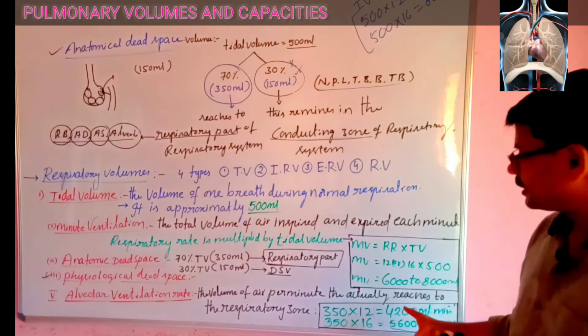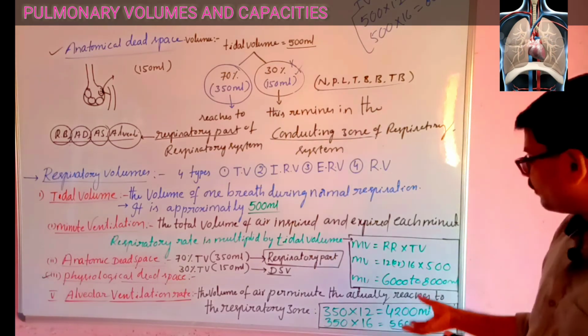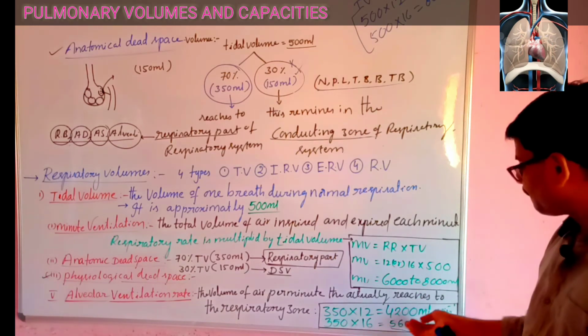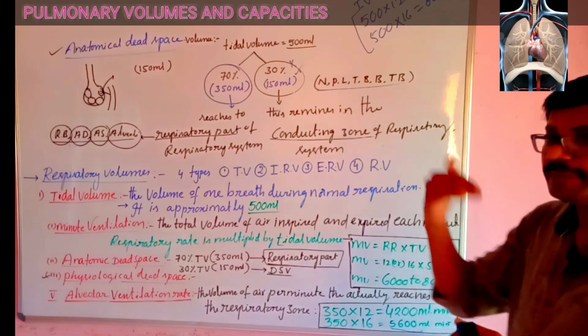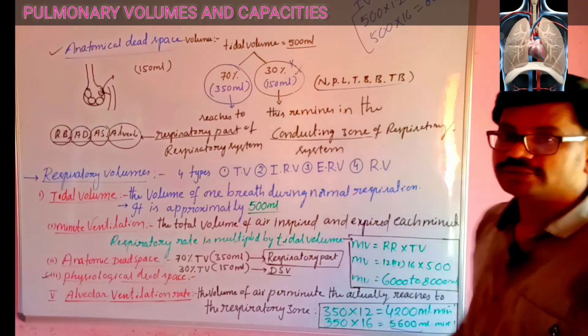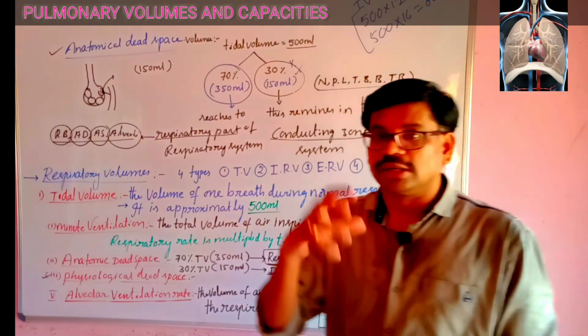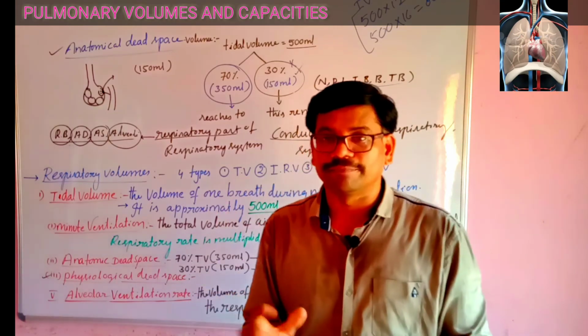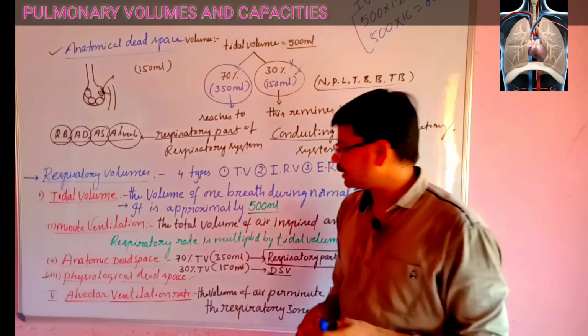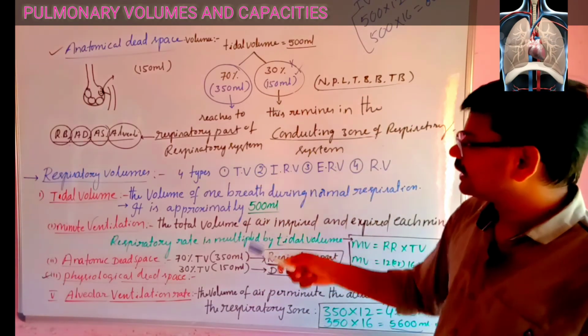That means if the values are less than that, when a person is in normal condition, he has some pulmonary malfunctioning. Malfunctioning is nothing but the lungs not working properly. Let me see the remaining values in the next session.